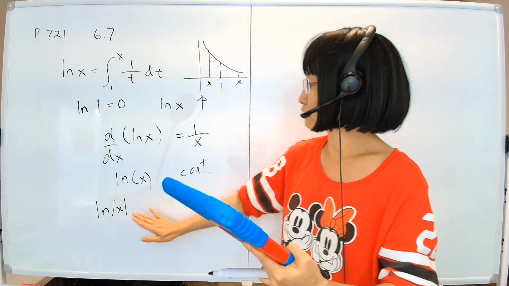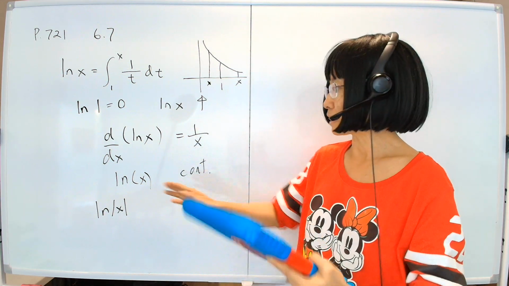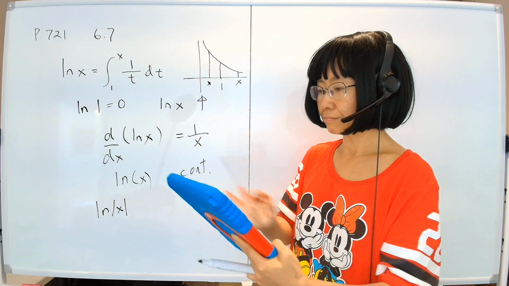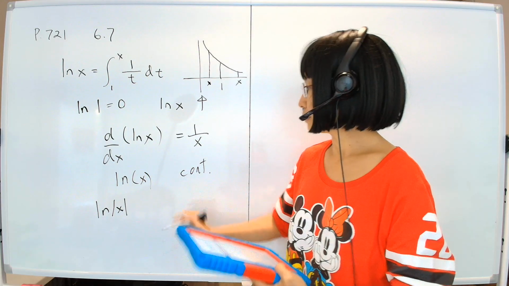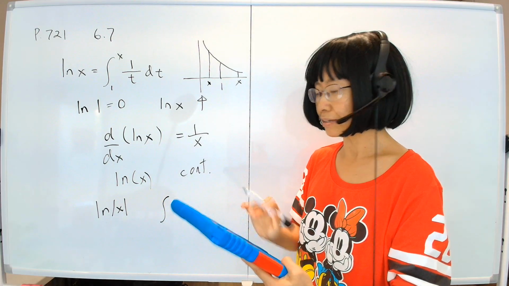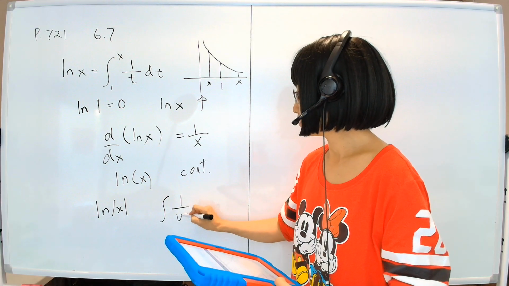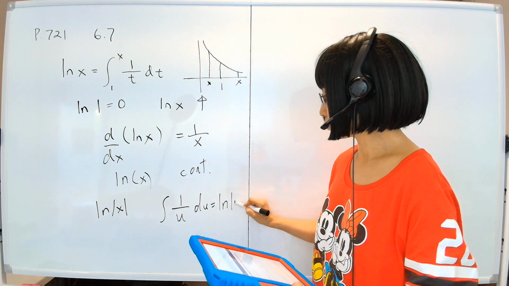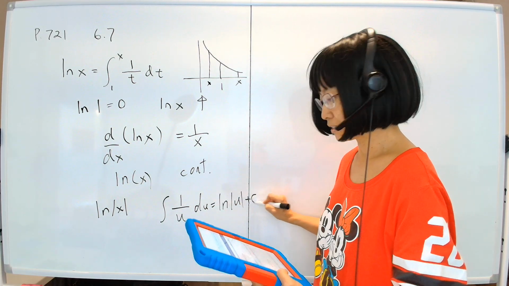We are including where x is less than 0 by slapping an absolute value in front, in such a way that the integral of 1 over u du is equal to the natural log of the absolute value of u plus a constant.